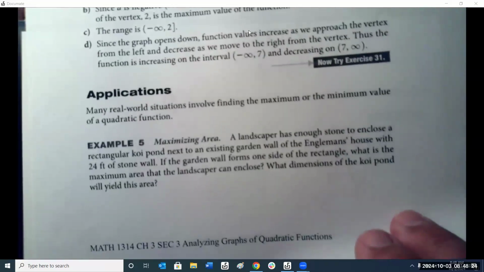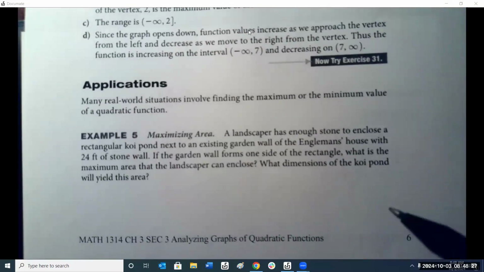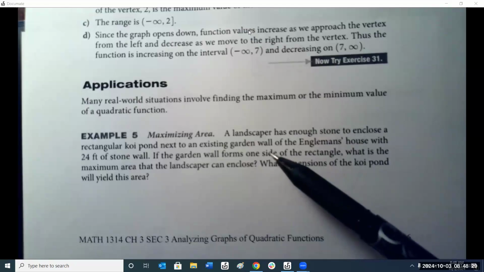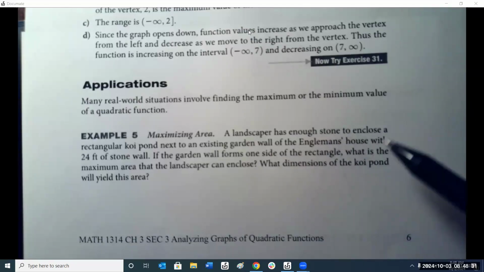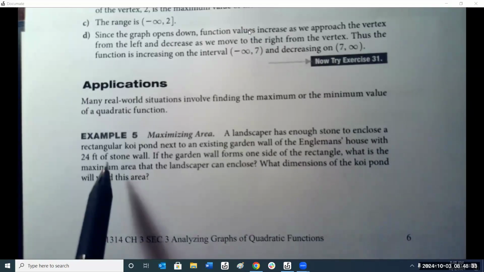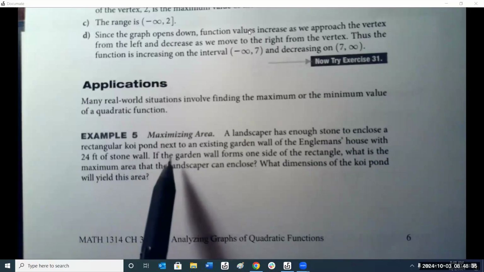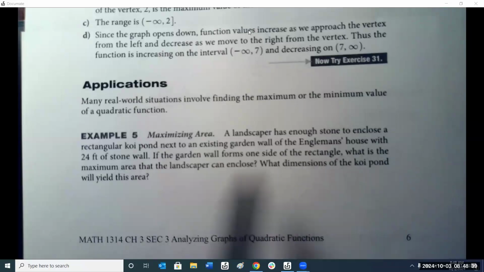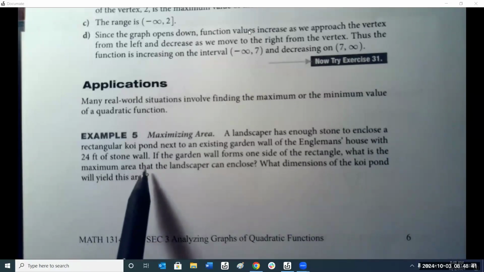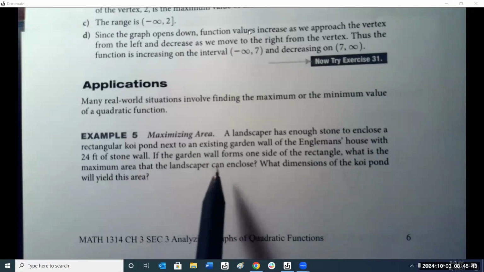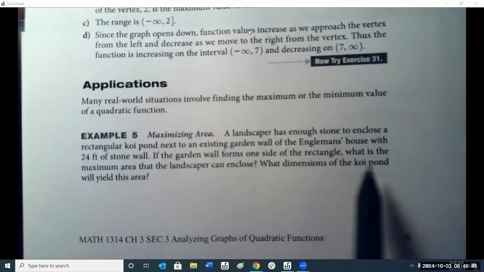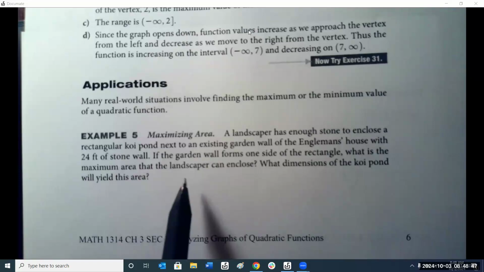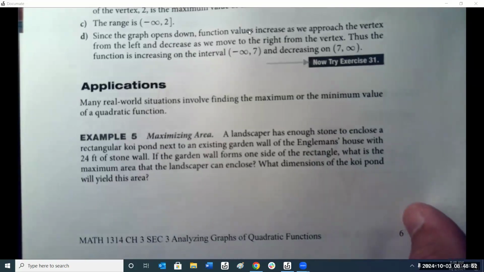Example 5 says this. Maximizing area. A landscaper has enough stone to enclose a rectangular koi pond next to an existing garden wall of the Englishman's house with 24 feet of stone wall. If the garden wall forms one side of the rectangle, what is the maximum area that the landscaper can enclose? What are the dimensions of the koi pond?